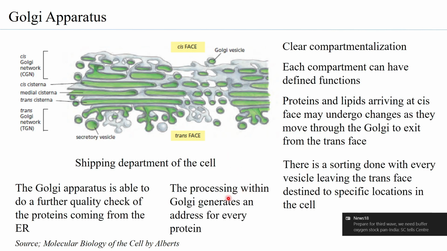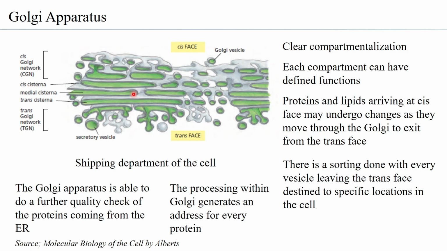Now, the processing within the Golgi apparatus generates an address for every protein. What we mean by that is that suppose you have a protein that is phosphorylated at, say, a particular residue or at a particular sugar, then that phosphorylated sugar becomes a signature for that protein.